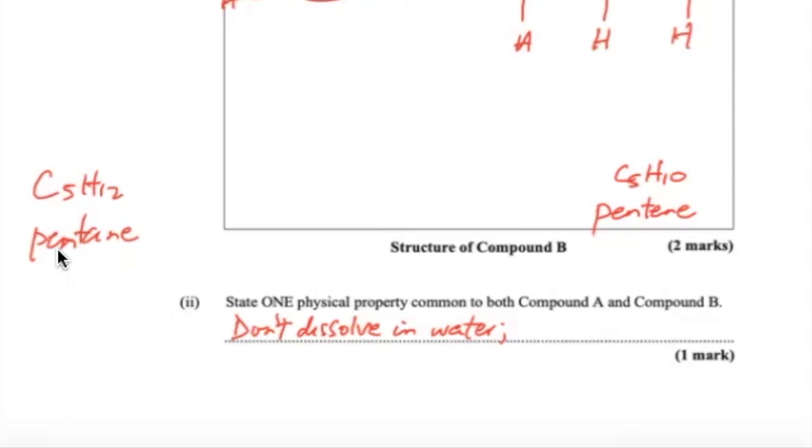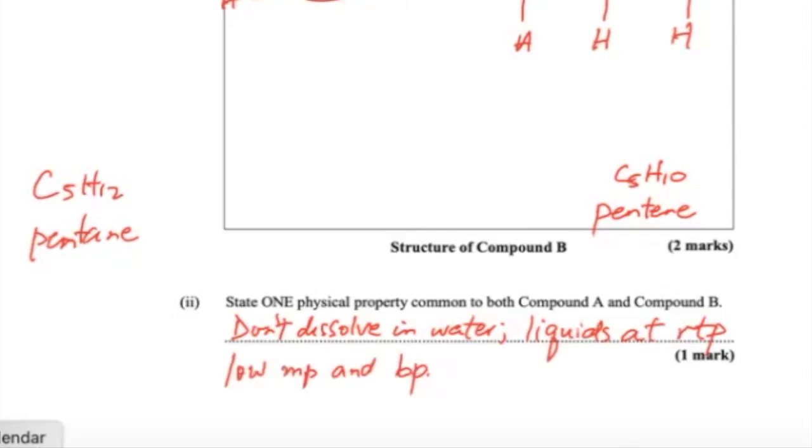So they would be liquids at room temperature and pressure. Any of those two would work. You could also say they have low melting and boiling points. All right, so those could work.